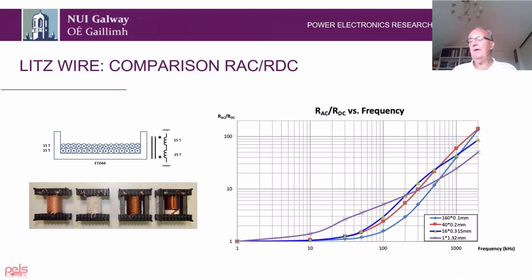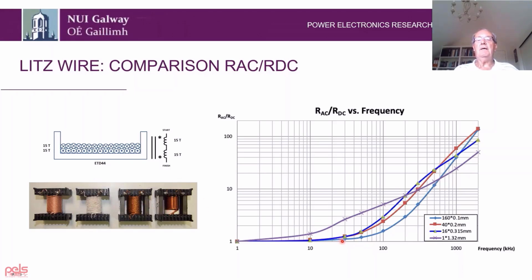Now, we did a very interesting experiment here. What we did was we wound a transformer with 15 turns in the primary and 15 turns in the secondary. And we shorted the secondary and we calculated the AC losses. Now, we started with a transformer with a solid conductor, and it was 1.3 millimeters in diameter.